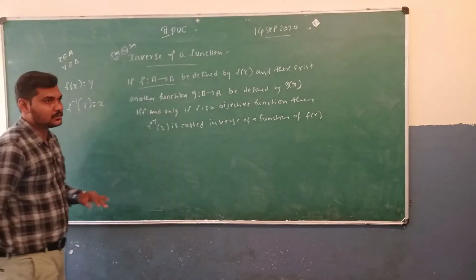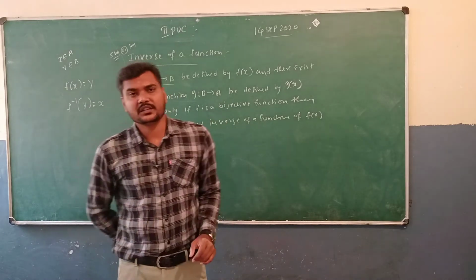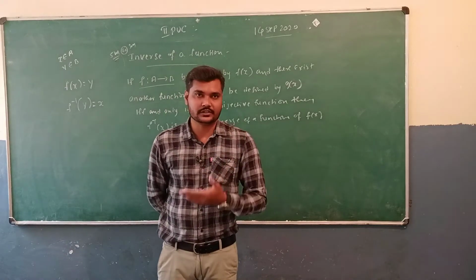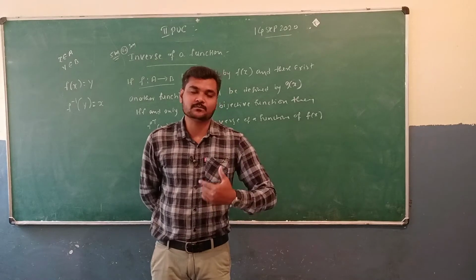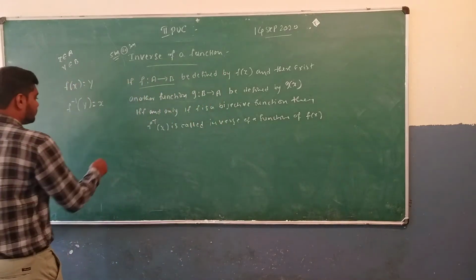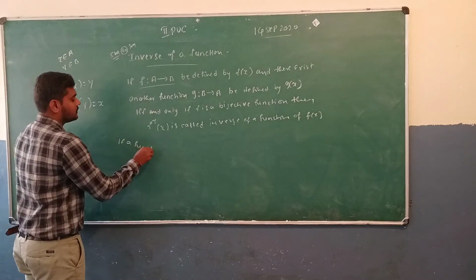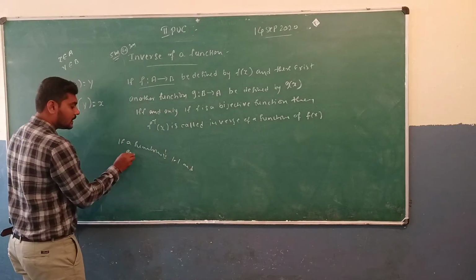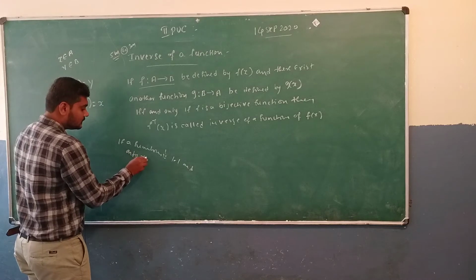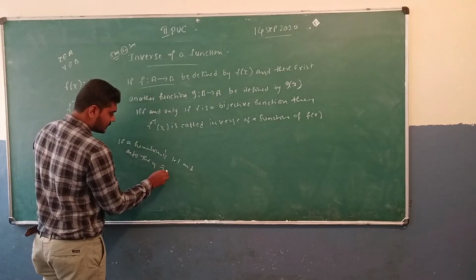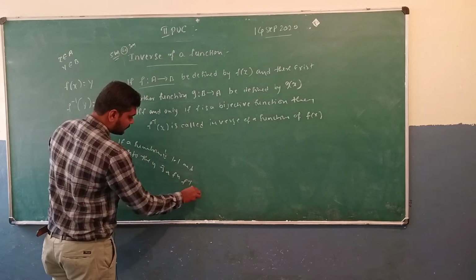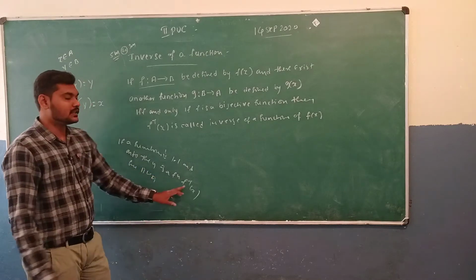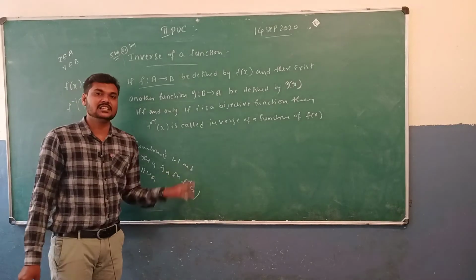We can also say the inverse of a function can be defined in another way: if a given function f of x is a one-one function and an onto function, then there exists a function f inverse of x from B to A, and then f inverse of x is called the inverse of the function.